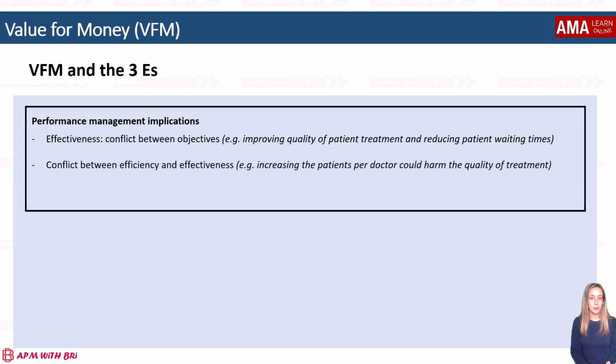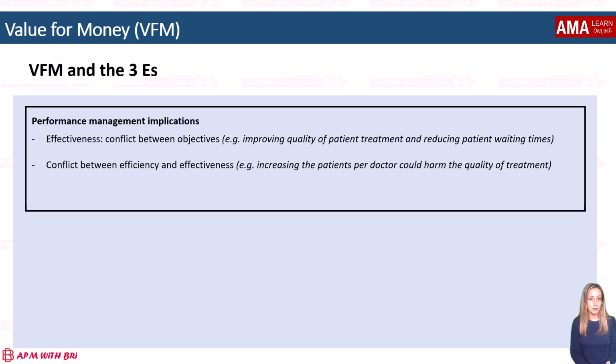Now, there's possible conflicts not just between the different objectives. Conflicts can arise between efficiency and effectiveness as well. So imagine that, yes, you want to improve the quality of treatment, that's your objective, but also you want to improve efficiency, so you want one doctor to see as many patients as possible.